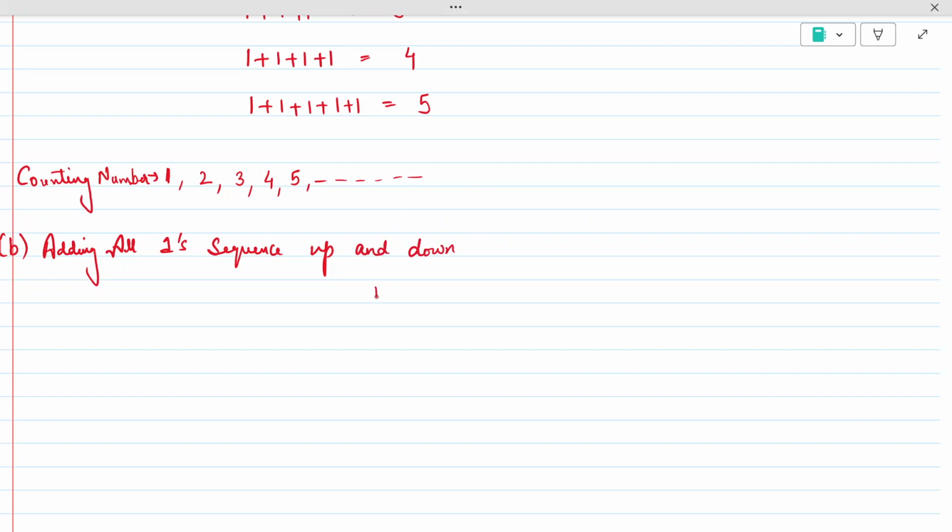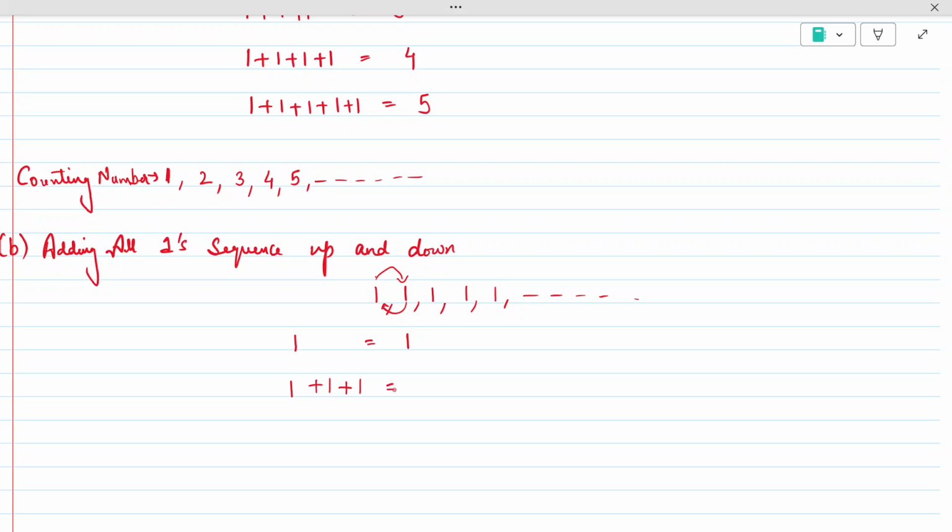Okay, this is our all ones sequence and so on. Now I will add them up and down. So I will pick the first one, which will be as is. Next, I am adding up, that is this one plus this one, and now adding down means plus this one again.